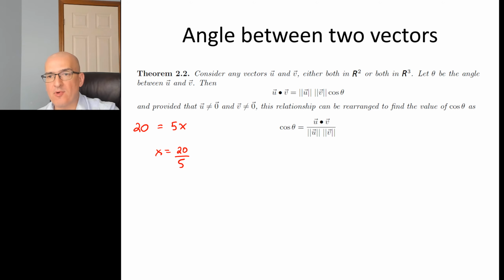Following that type of operation, we can rearrange the expression for u dot v to isolate for cos theta. What we'll do is we'll divide both sides by the length of u, and we'll divide both sides by the length of v. So we'll just bring them underneath the dot product. Thus, cos theta is equal to u dot v divided by the length of u and the length of v. So with a dot product and with the length of u and the length of v, we can construct what the angle between u and v is.